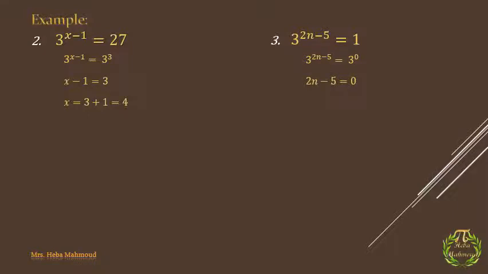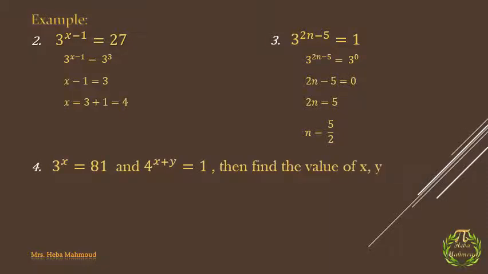So 2n minus 5 equal 0. So moving minus 5 to the other side, 2n equals 0 plus 5, which is 5. Now to find the n, we will move the 2 to the other side by divide, so it will be 5 over 2.